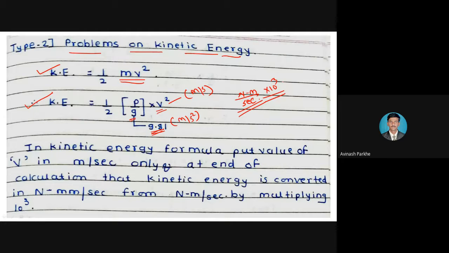We need Newton mm, so to get Newton mm we have to multiply by 10 to the power 3, and that Newton mm we will use for further calculation. Therefore, how do we identify this particular problem? If the speed or velocity is in the statement, then this numerical is based on the kinetic energy calculation.